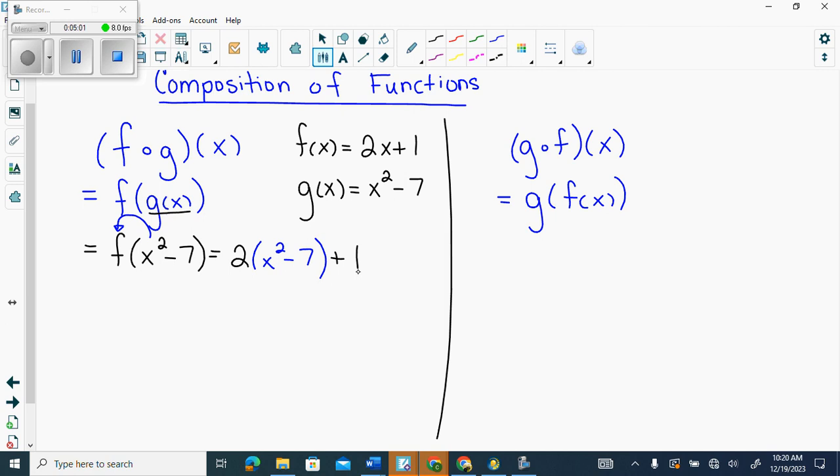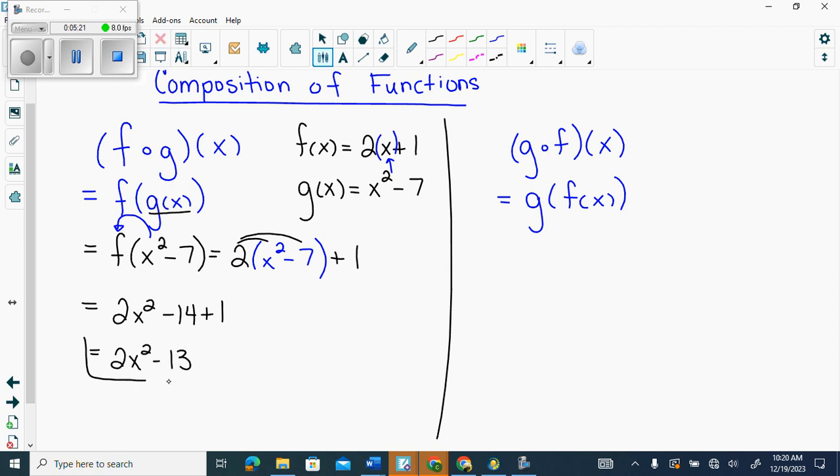So I'm taking this and we're putting g in it, right? That's all I'm doing. So then I just get 2x squared minus 14 plus 1, which is 2x squared minus 13.